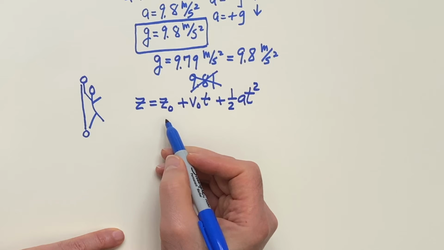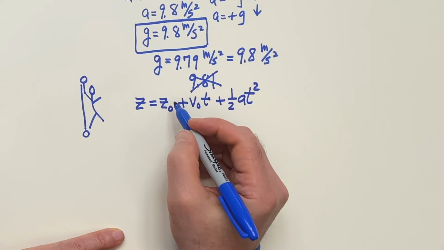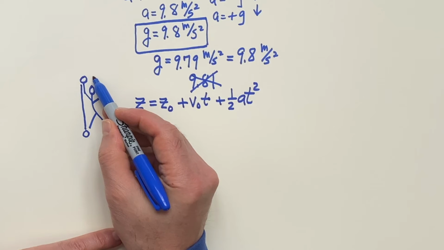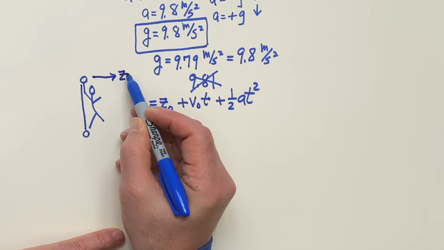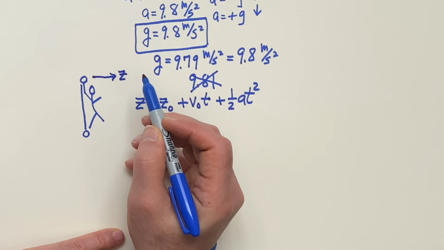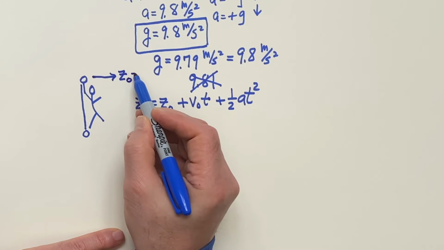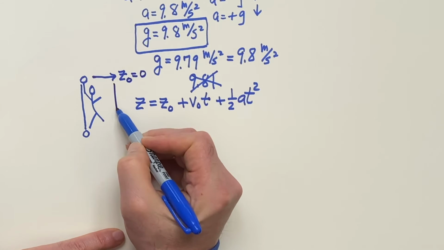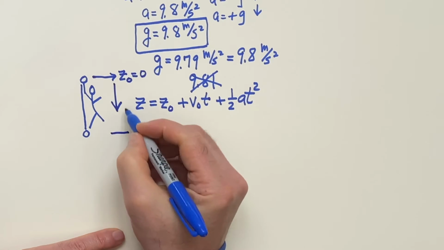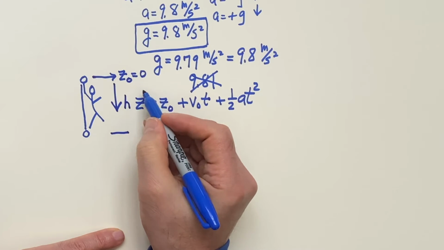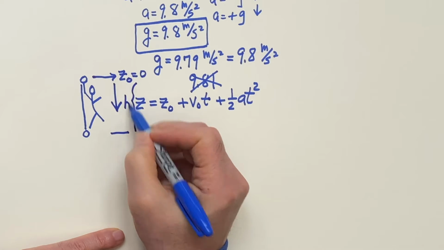And then here, if you drop the ball up here and you call this a z naught, say is equal to 0, we're going to start there and go down as positive. Then when we get down to the bottom, we'll have fallen this height h.